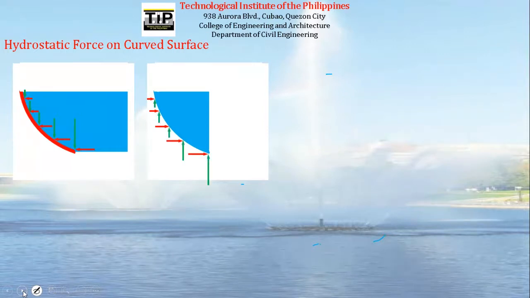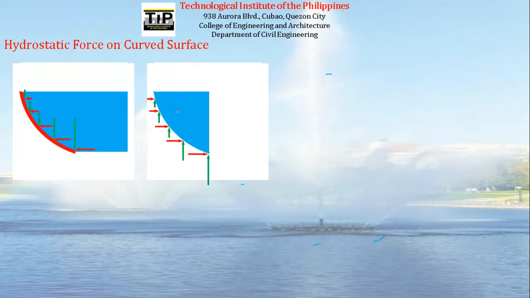Now recall Newton's third law of motion. What does it say? It states that if we apply a force on something, on an object, on a person, anything, there will be an opposite reaction that is similar in magnitude but opposite in direction. So this curved surface will react to this force that's exerted by the water. So it will counteract these forces.